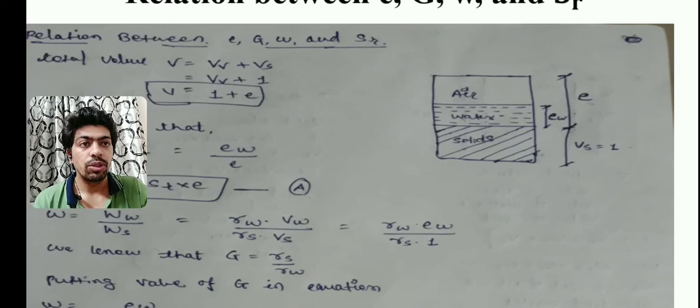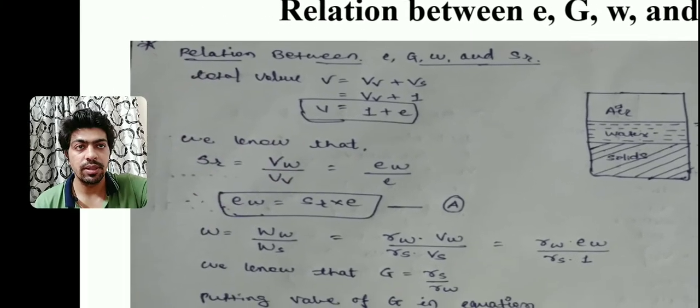So water has some void ratio, which is indicated with ew. Now total void ratio, e, is equal to void ratio of air plus void ratio of water. The volume of solids is indicated with Vs. So total volume is Vs plus Vv. You can see this here.